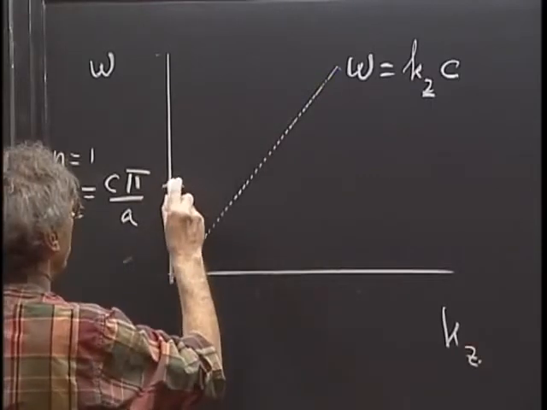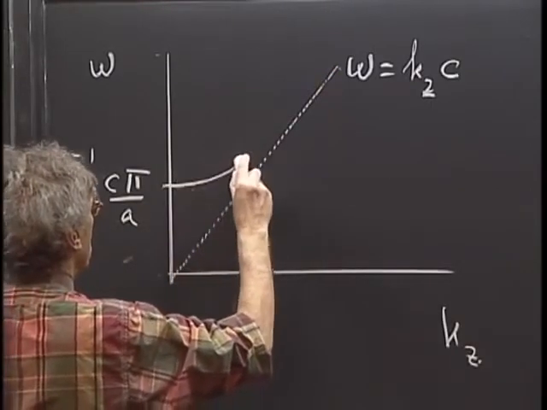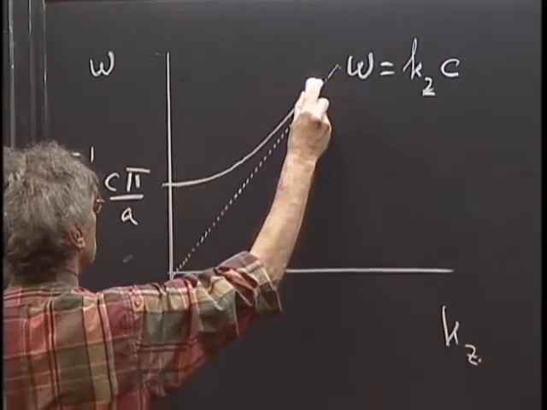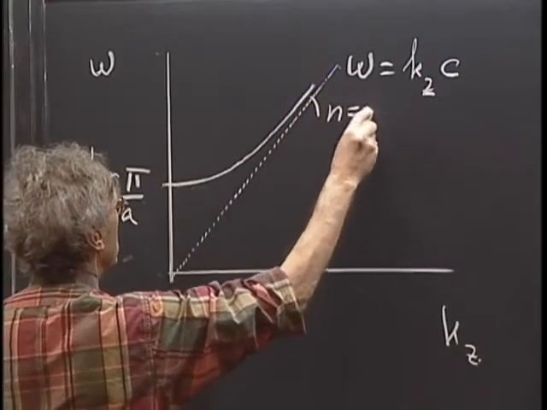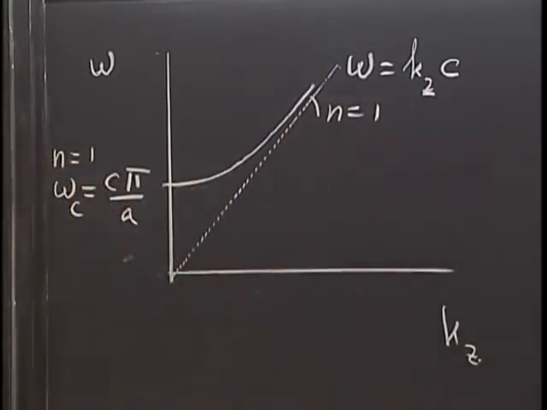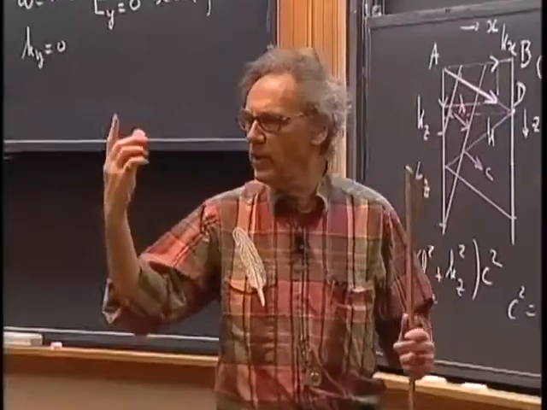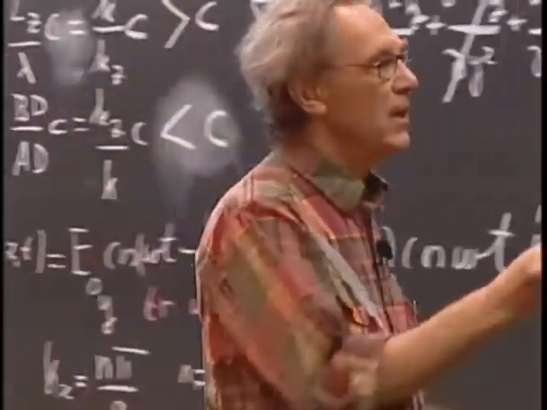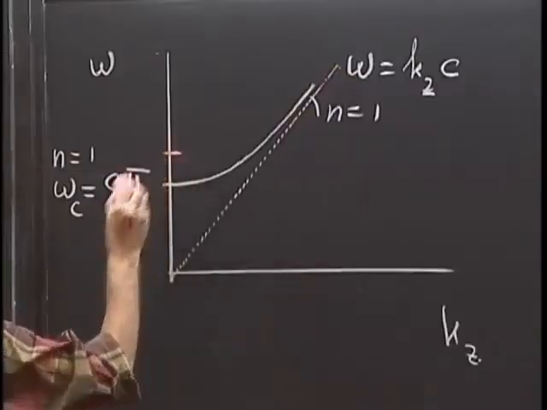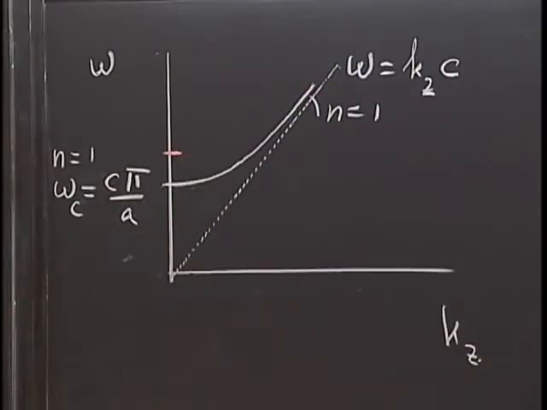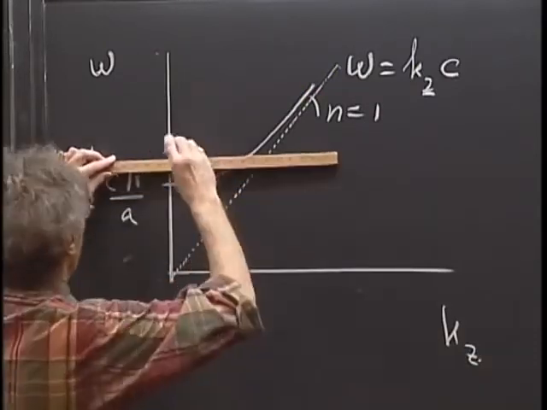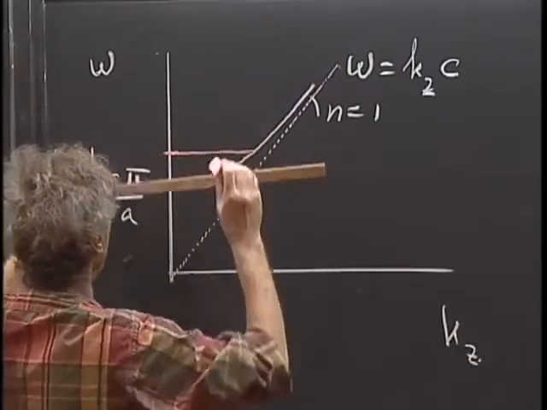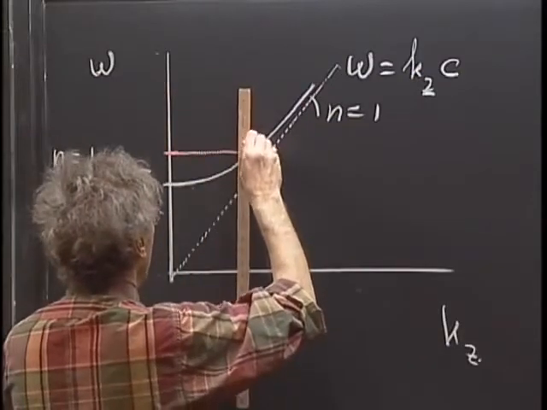And this curve then, for n equals 1, goes like this. So this is n equals 1. So if I radiate electromagnetic radiation linearly polarized in this direction, and I know the frequency, let us say this is the frequency that I radiate, that's a given, then radiation will go through beautifully, and this will then be the value of kz.